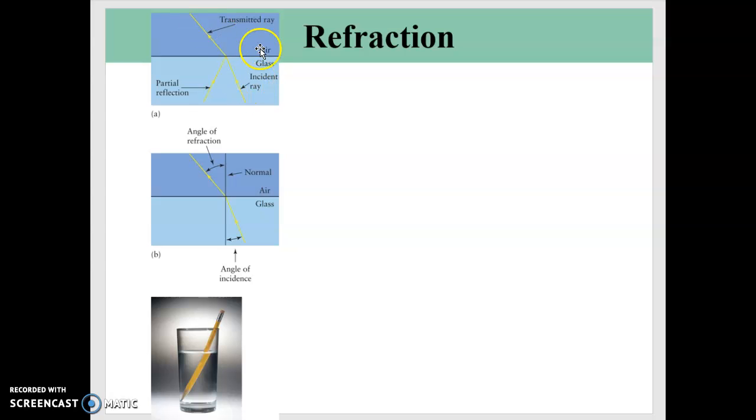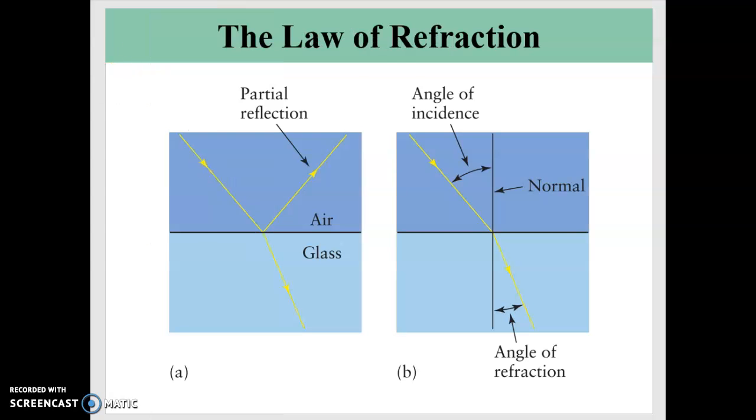If I go from more dense to less dense, the ray gets bent away from the normal. And if I do the opposite, if I go from less dense to more dense, then the ray comes in and it actually gets bent towards the normal inside the more dense medium. And that's basically what the law of refraction says.